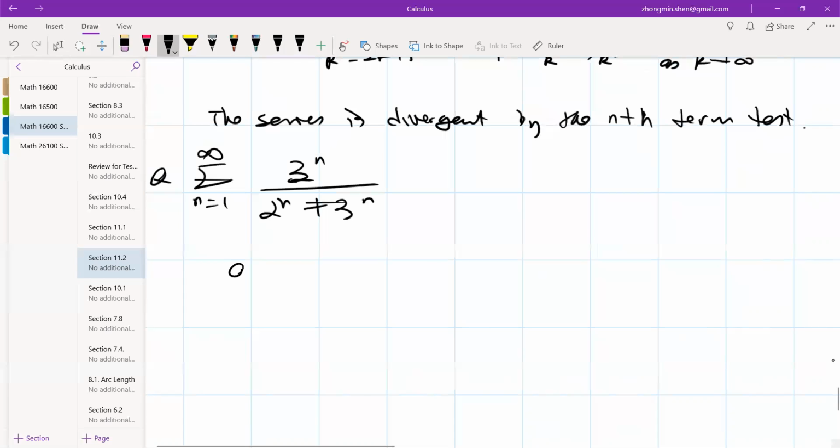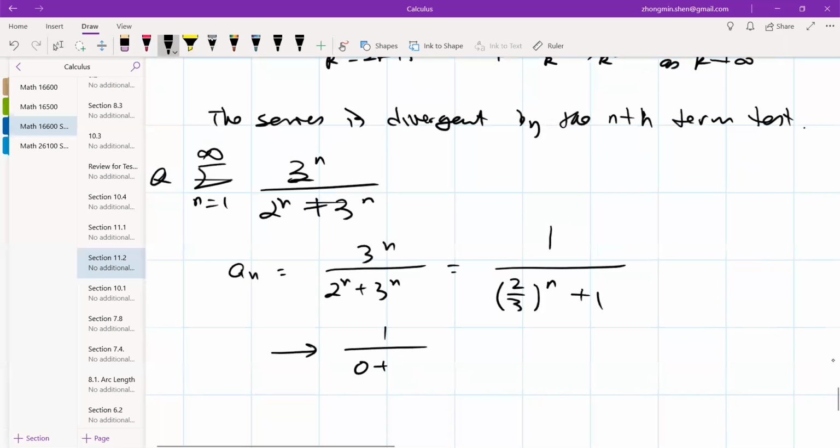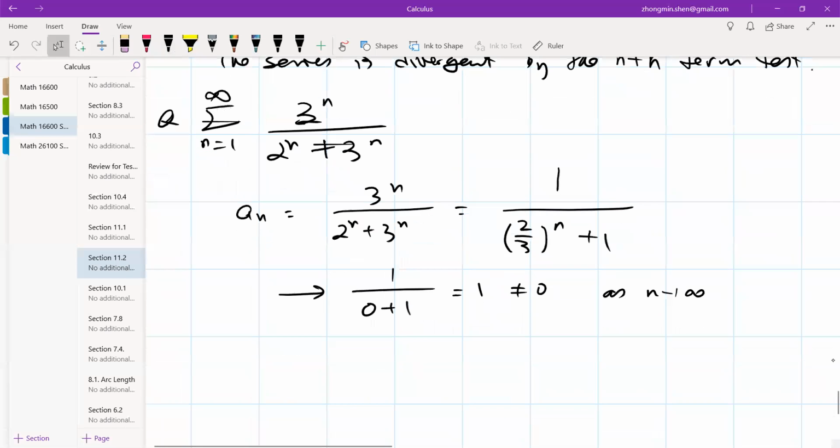The reason is the nth term, 3 to the n over 2 to the n plus 3 to the n. If you simplify, it's going to be 1 over (2/3) to the n plus 1. Divide the numerator and denominator by 3 to the n. Then clearly it approaches 1 over 0 plus 1, which is 1, which is not going to be 0 as n approaches infinity, right? So it is divergent.